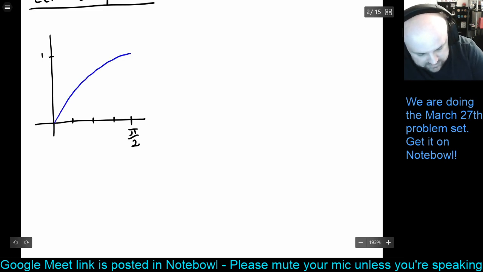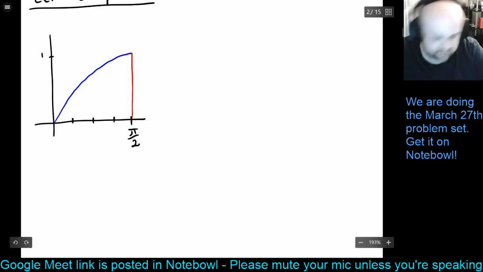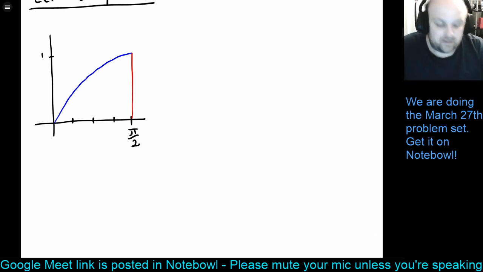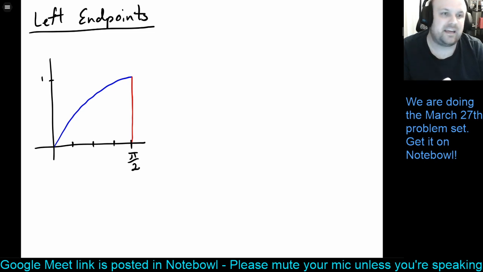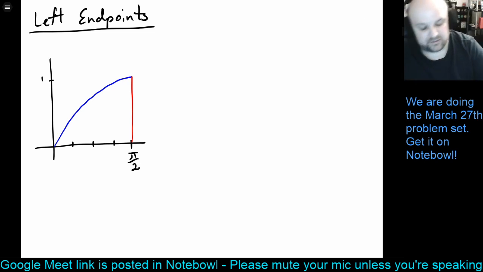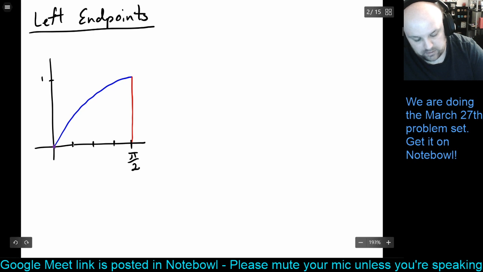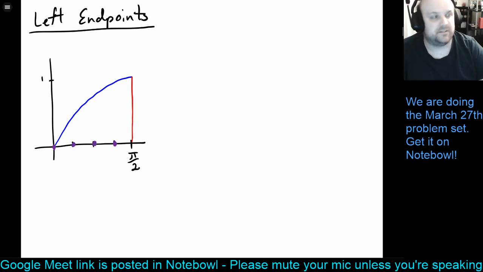Here is our sine function. And let me just draw a red line here to say this is where we're ending it. All right. So I want to draw 4 rectangles in here. Since we're using left endpoints first, I want to pick out all of the left endpoints of my intervals, which are here, here, here, and here. There's 4 intervals, and these 4 purple dots are the left endpoints of those intervals.